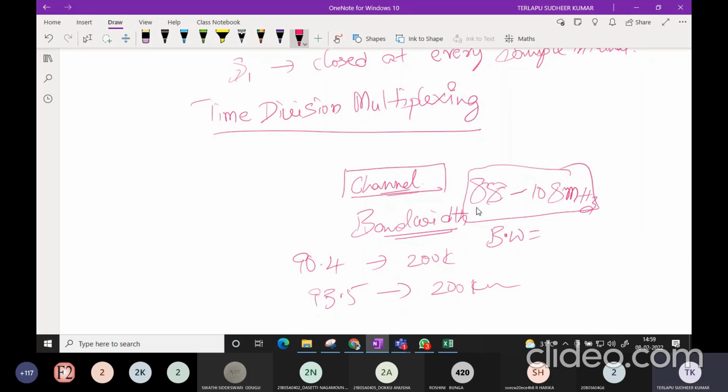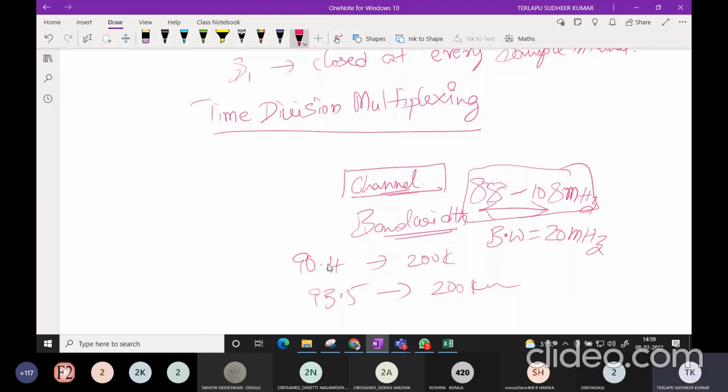What is this entire band range? How much? 108 minus 88, 20 megahertz. So 20 megahertz is allocated for FM radio broadcasting by the Government of India.